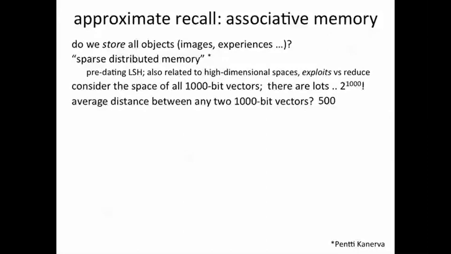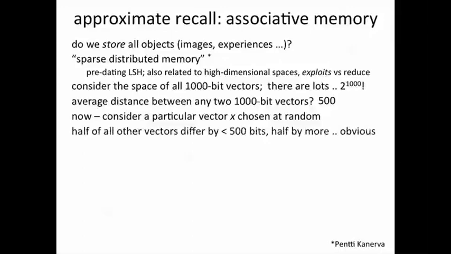Now consider a vector x chosen at random. Could be anyone. We start from this one vector x and ask us a few interesting questions. Clearly, half of all the other vectors are less than 500 bits away from this vector, and half of them are more than 500 bits away from this vector.